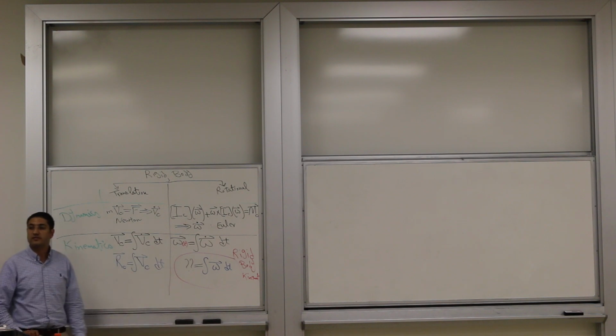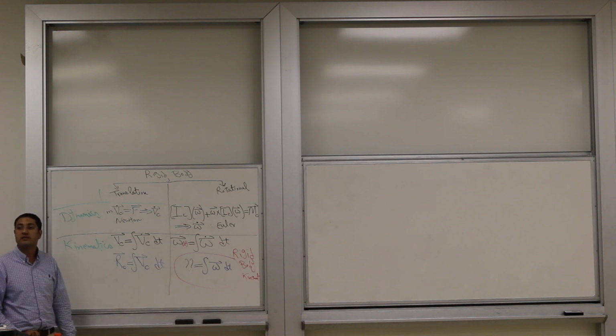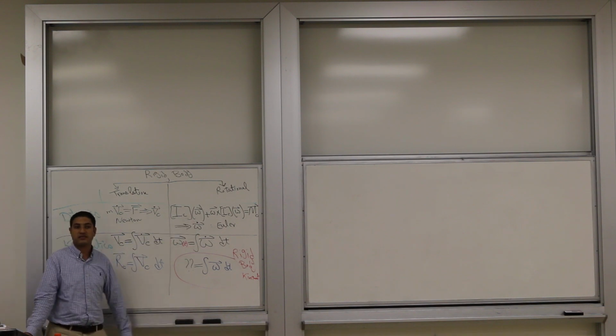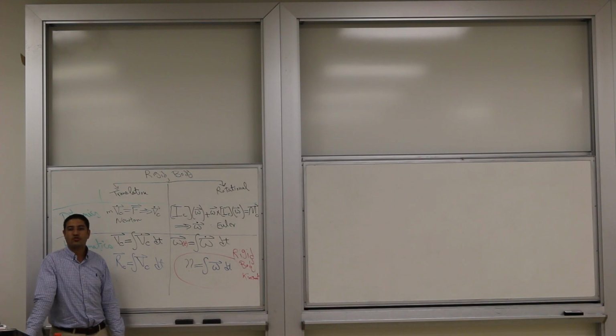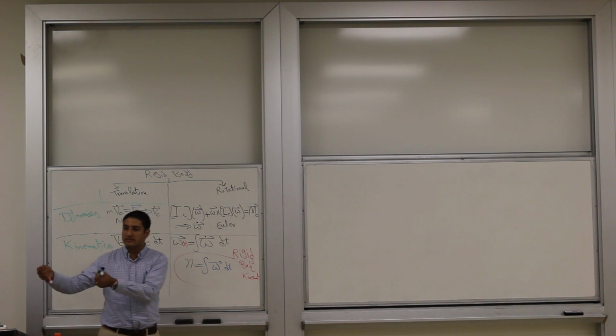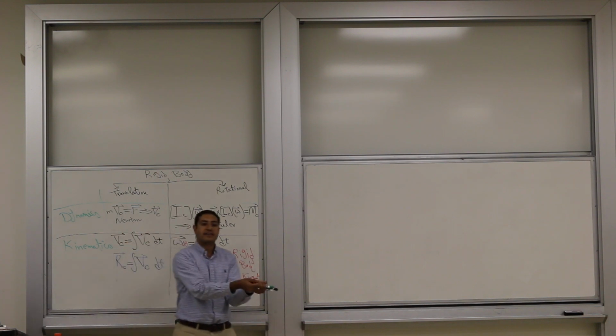Yes, Joseph, please? So you're saying the omega is given in the body frame? Yes, this is typically the case. This equation is in the body frame. What is omega? Omega, at the beginning, is actually between 2 frames of reference. We have inertially fixed axes, and we have body axes.